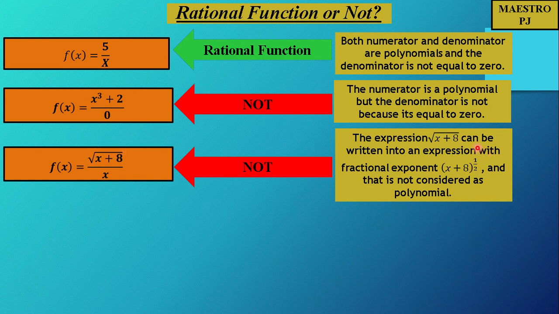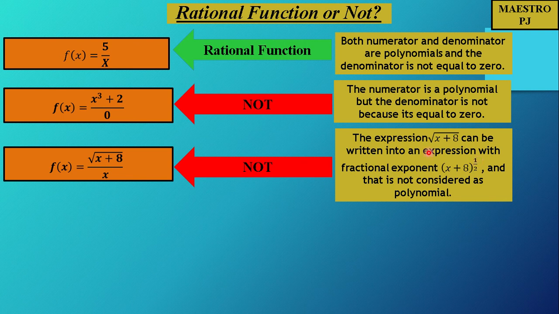This expression can be written into an expression with fractional exponent. So itong square root of x plus 8 is equivalent to the quantity x plus 8 raised to 1 half. So in this case, magkakaroon tayo ng fractional exponent and that is not considered as polynomial.